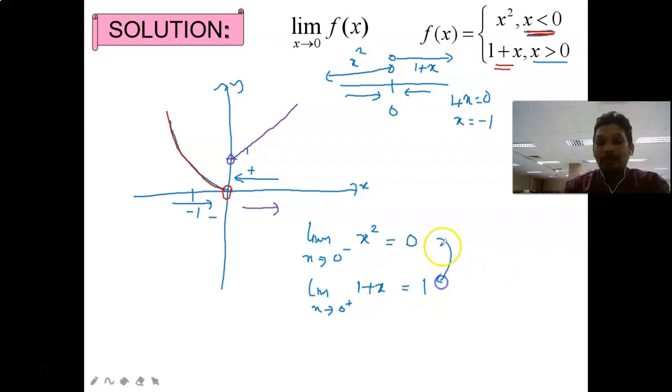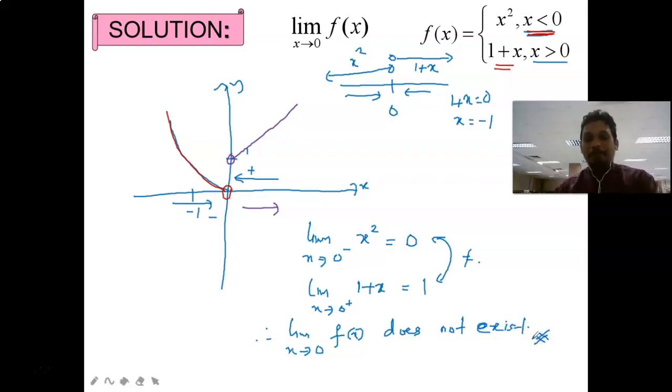And they are not equal. So the conclusion is that the limit as x approaches 0 of f(x) does not exist.